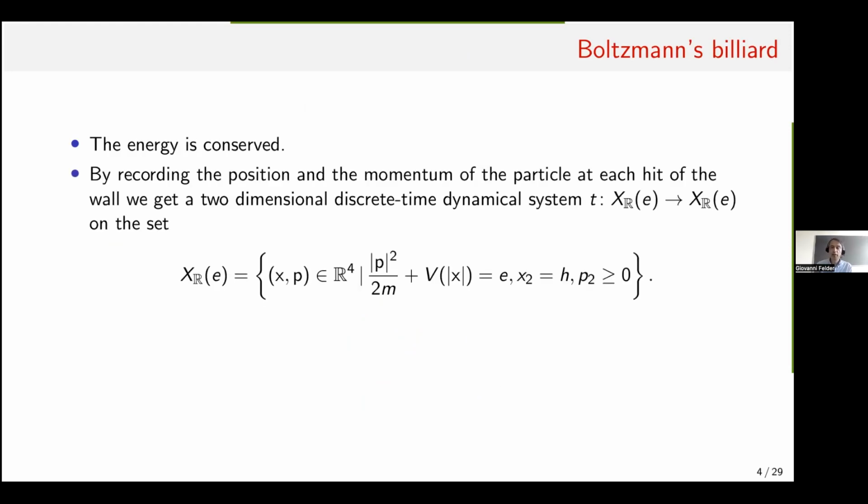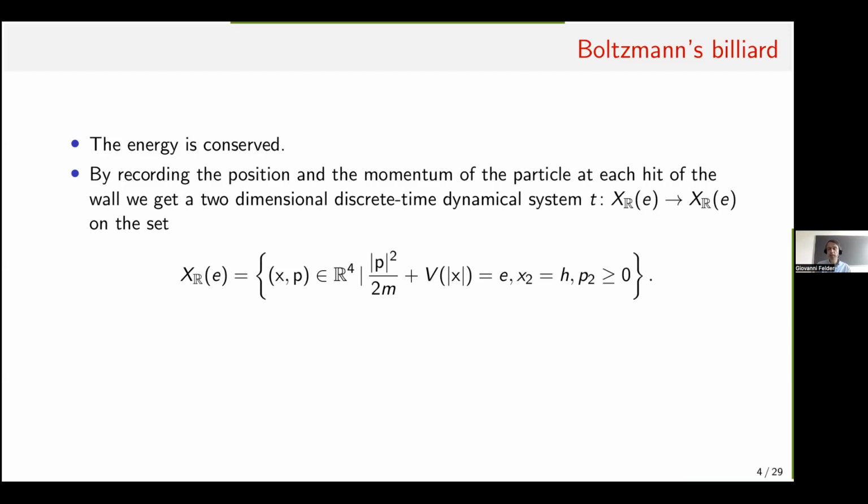And now you can consider this as a discrete time dynamical system by considering the Poincaré map. So the Poincaré map would be the map between, you start from a position at a moment where the particle hits the wall, and you follow the particle until the next hit.